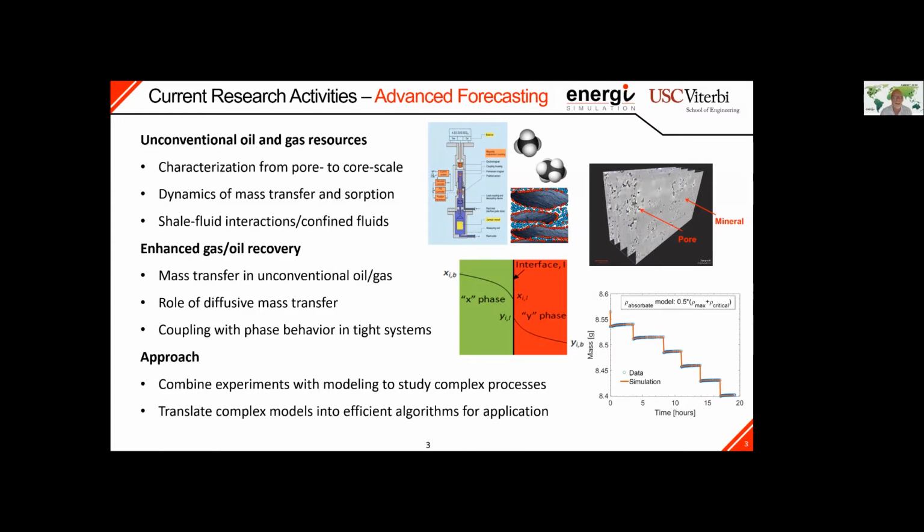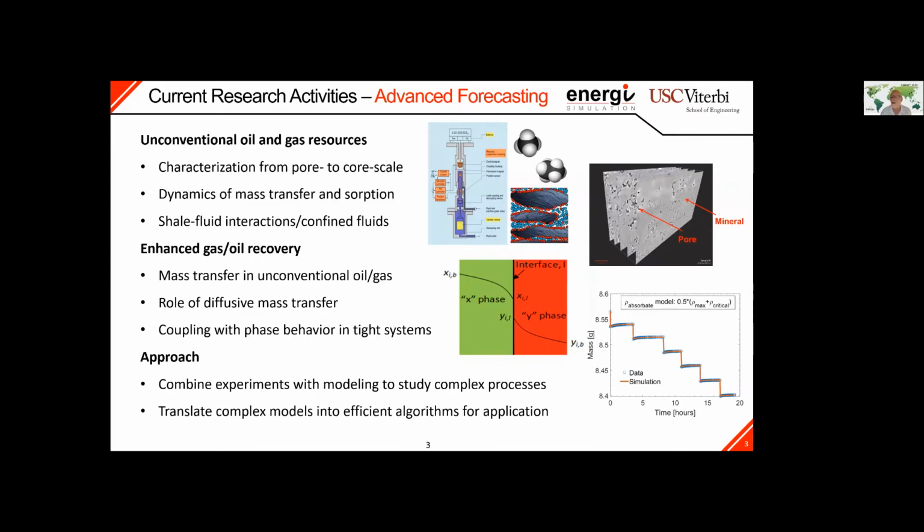And we study the dynamics, if you will, of mass transfer and absorption in these types of resources. In addition, we are also looking at how the materials interact with the fluids that we are interested in engineering out of the subsurface, including how things may change when we confine fluids in very small pore spaces.